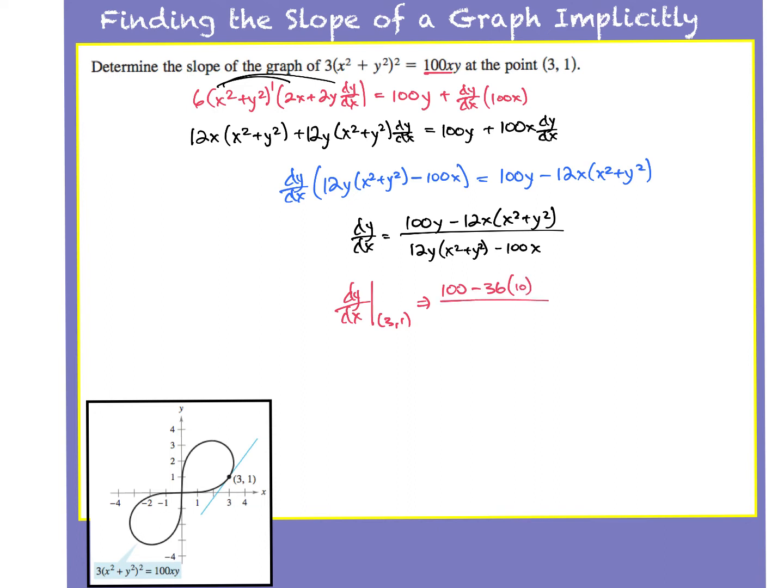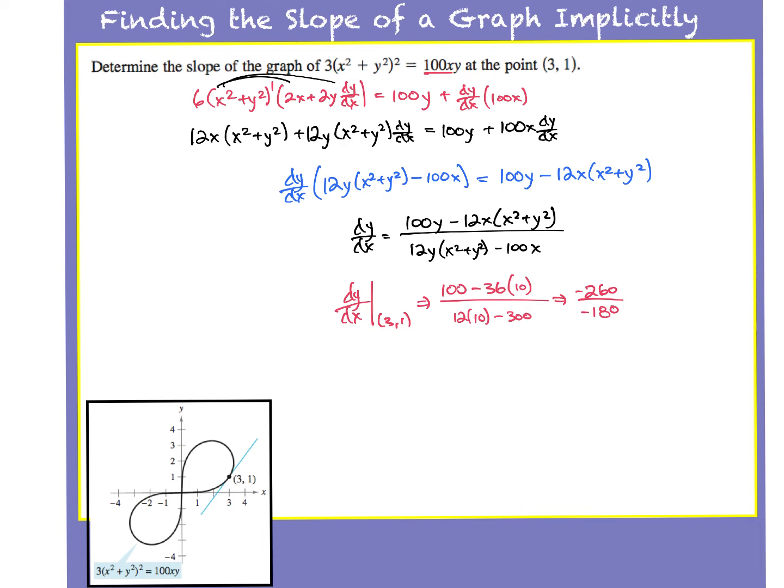Over 12 times 1, which is 12, times 10, minus 300. So 100 minus 360 is what? Negative 260. And then 12 times 10 is 120 minus 300, which is negative 180.